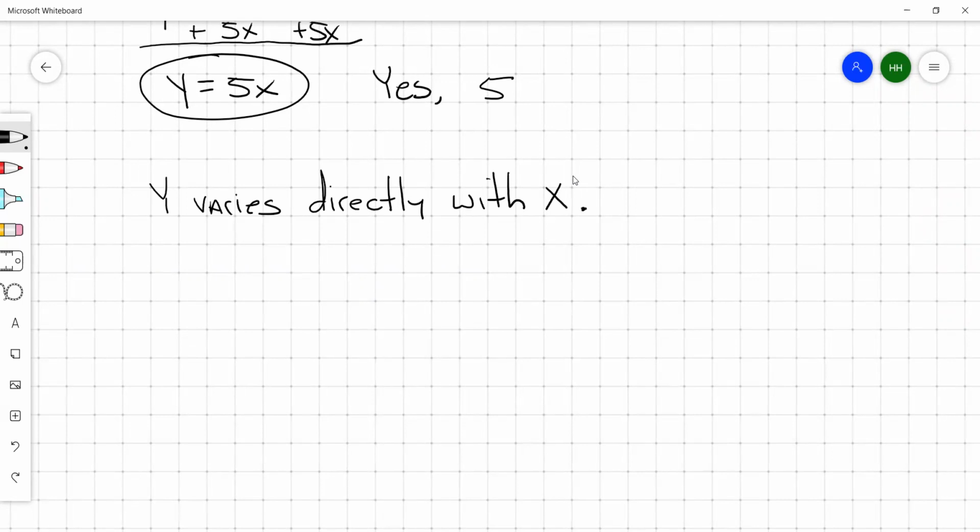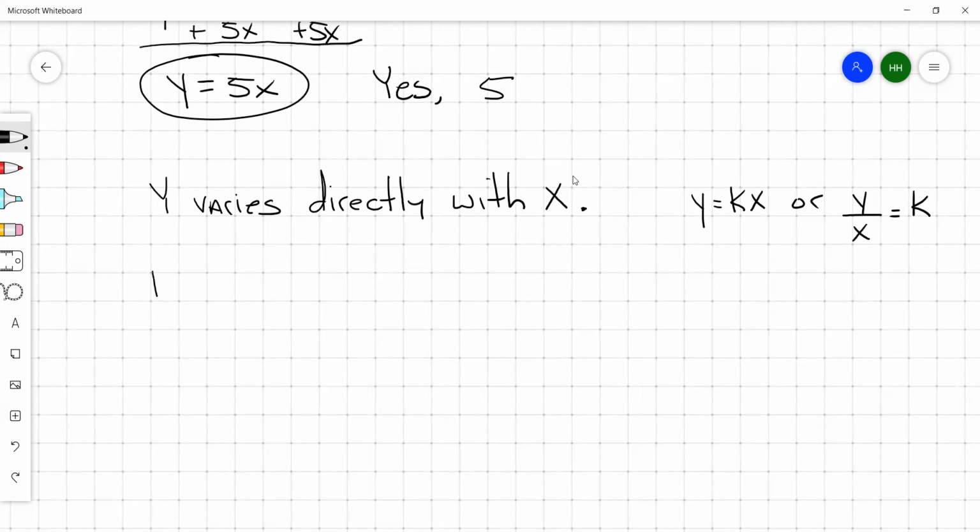So you know that y is equal to k times x, or that y divided by x equals k. They're telling you y varies directly with x. Then they're going to give you different situations.